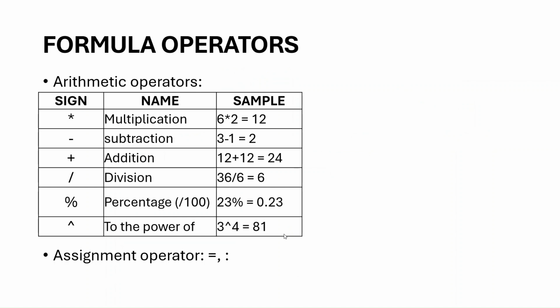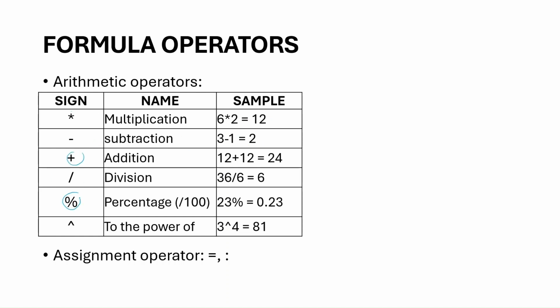Okay, so let's go a little bit more into formula operators. Here are the arithmetic operators: the sign, the name, and then the sample. We have the asterisk, which is for multiplication. If you put it in an Excel sheet, you have 6 times 2, which is 12. This is for subtraction, addition, and as we see here, division.